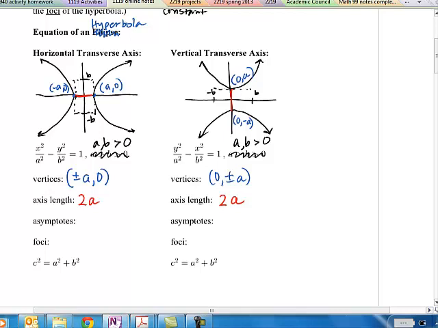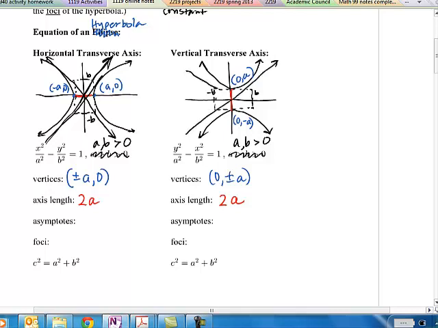Hyperbolas always have these asymptotes, these lines they get closer and closer to but don't cross. So what you want to do is connect the corners of that central box, and those should give you the asymptotes for the graph.